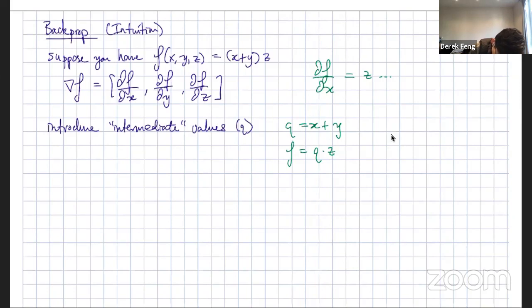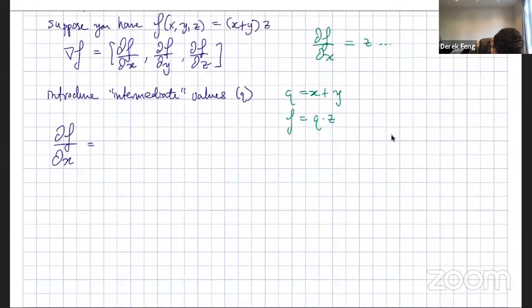This is pretty straightforward, and I can simply use the chain rule: df/dq multiplied by dq/dx. Clearly I'm going to get the same result. Here we would have z times 1. So I get back z, as thankfully we know it should be: if I take the differentiation with respect to x, then I should get back z.